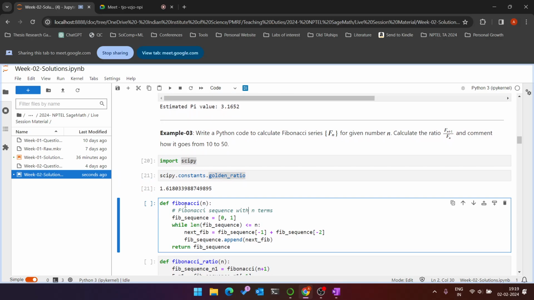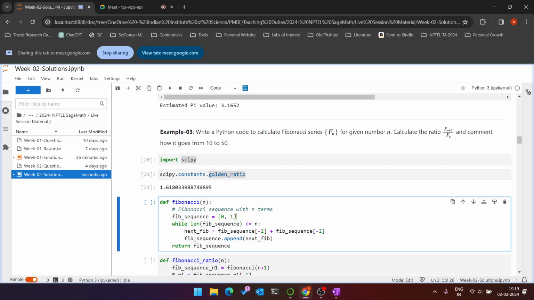And we first begin by defining our Fibonacci sequence with n terms. Our first two terms are 1 and 1, and what we are doing is running a while loop.